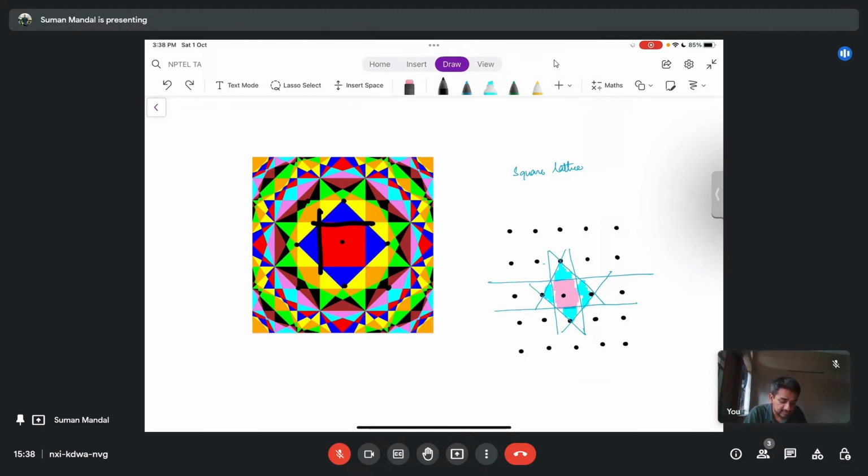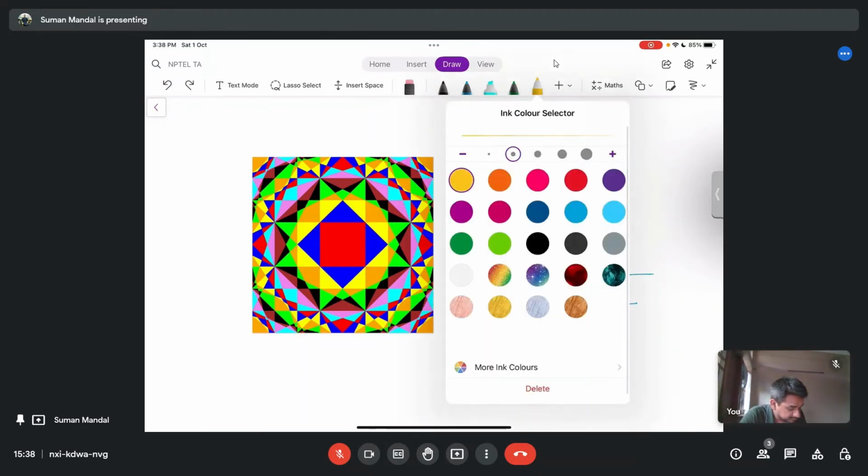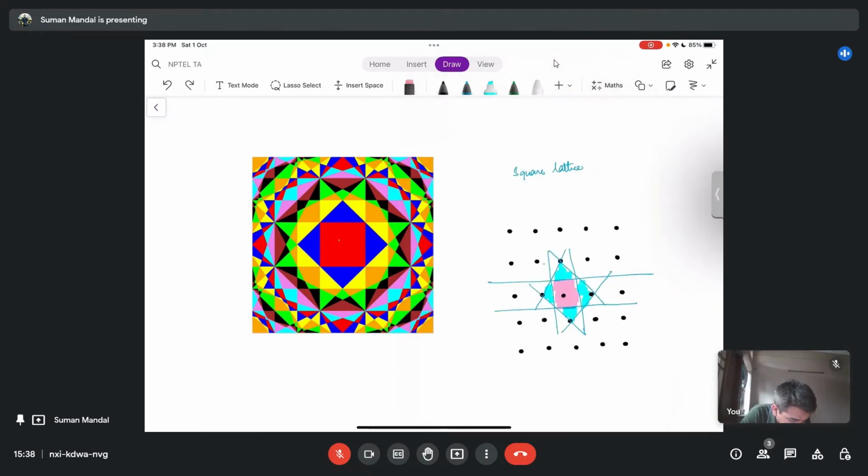So we see that the first Brillouin zone has only one segment. The second one has two segments.